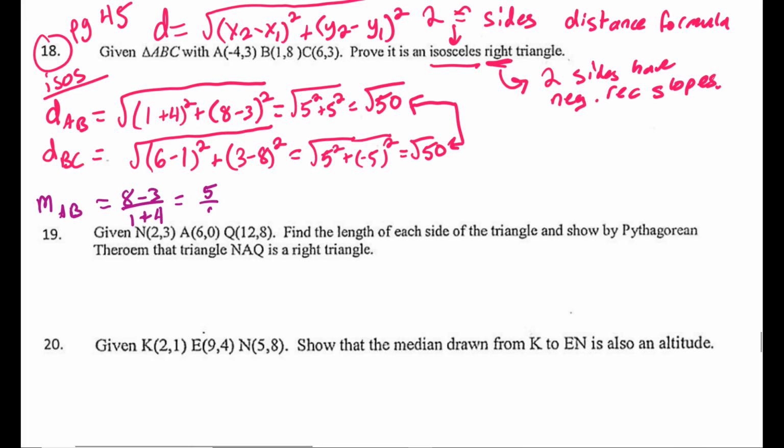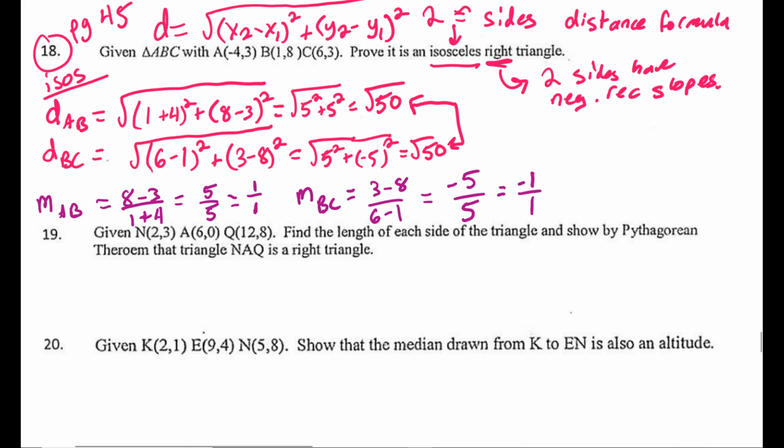So that's 5 over 5, or just 1 over 1. I'm going to leave it as a fraction so that I could see whether or not it's actually a negative reciprocal. I'm going to find the slope of BC next, and that's just going to look like 3 minus 8 over 6 minus 1, which gets me negative 5 over 5, or negative 1 over 1.